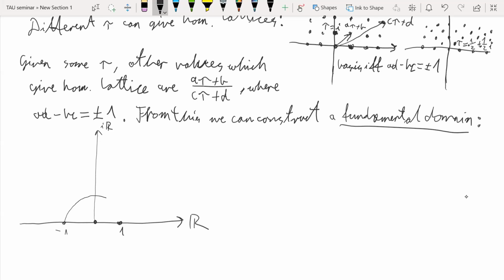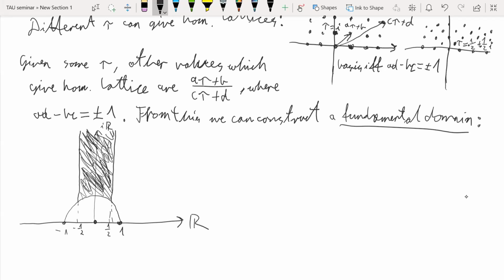I am drawing a circle, the unit half circle, and then I am considering 2 other vertical lines, which are over values of 1/2 and -1/2. Okay, this one turned out a little weird. And then this region here, between those 2 lines and above this unit circle, is going to be the fundamental domain.